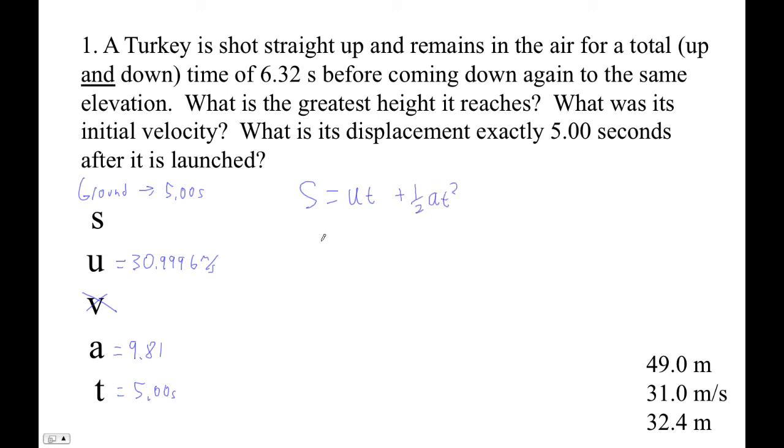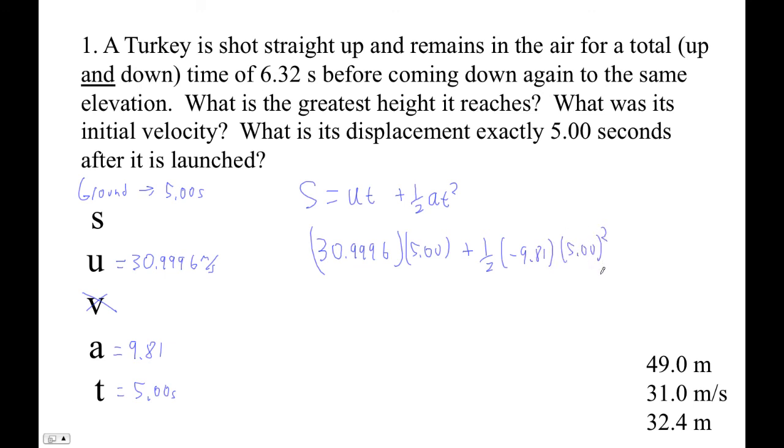So let's see, it is 30.9996 times 5.00 plus 1/2 times negative 9.81 times 5 squared.